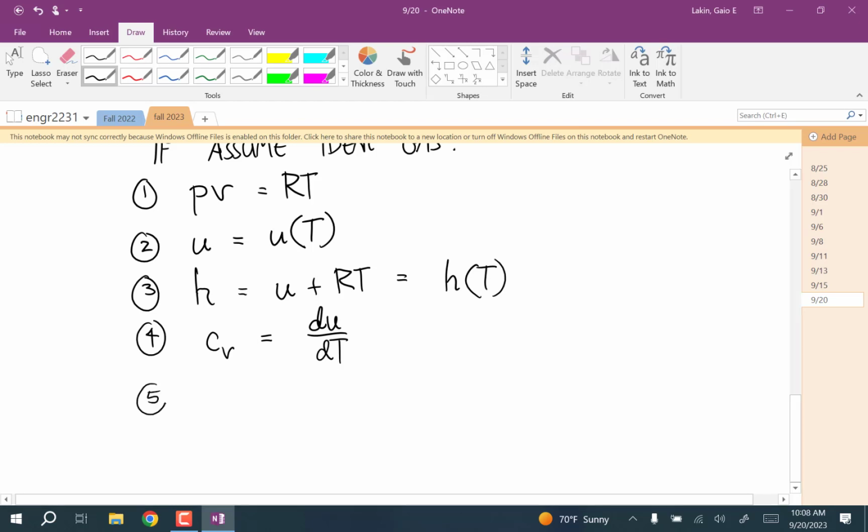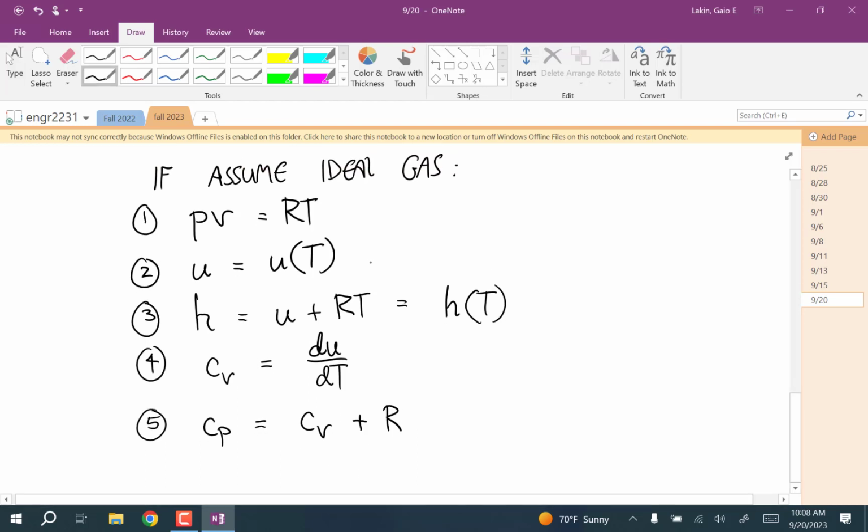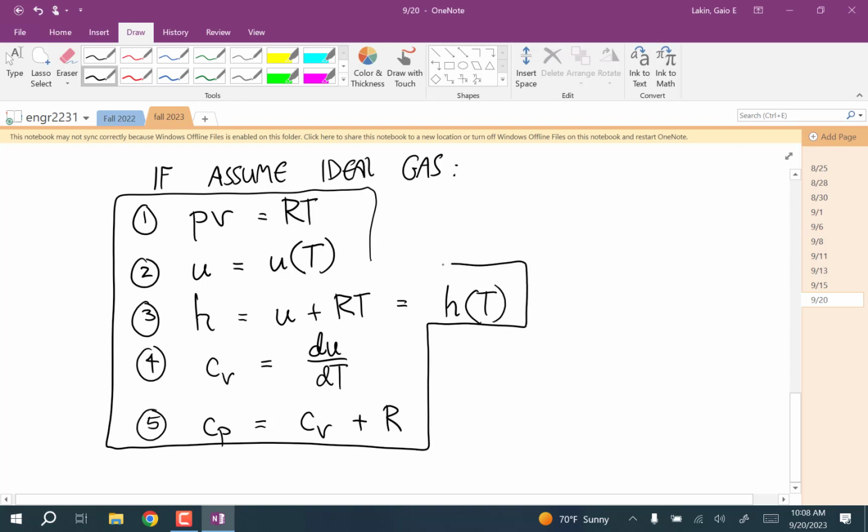And the fifth one, the final one, is that Cp, the constant pressure specific heat, is just equal to Cv plus R, the gas constant for the specific gas that you have. Okay, so this is all the stuff that is available to you for an ideal gas.